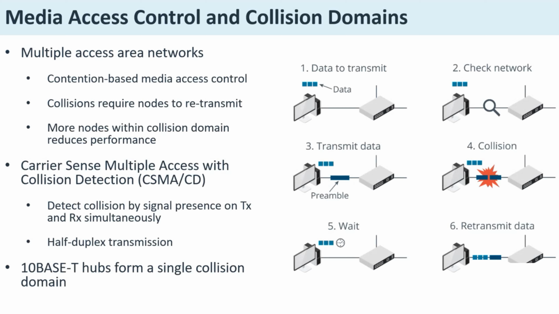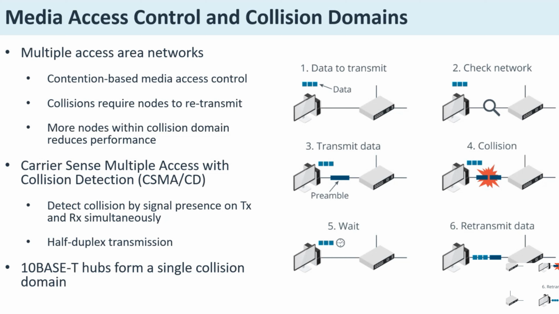Media access control and collision domains. Ethernet is a multiple access network, which means that the available communications capacity is shared between the nodes that are connected to the same media. Media access control, MAC, refers to the method a network technology uses to determine when nodes can communicate on shared media and to deal with possible problems, such as 2 devices attempting to communicate simultaneously.